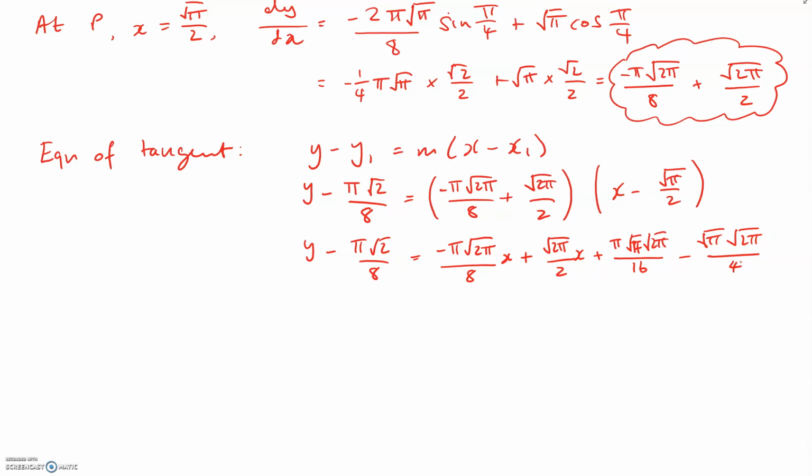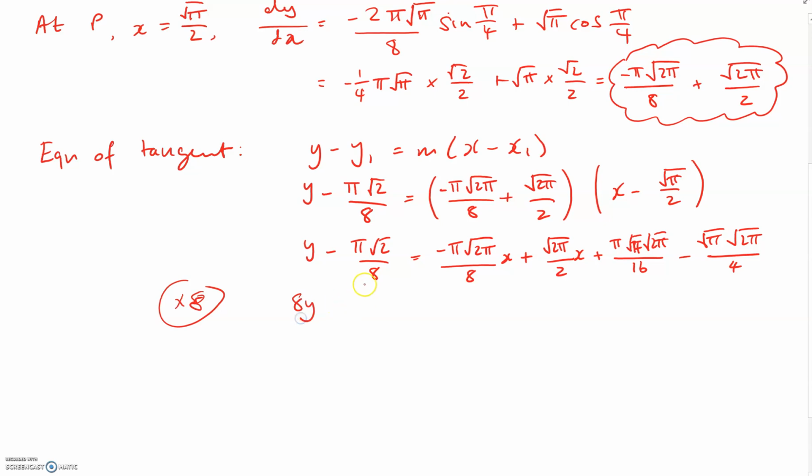Alright, just working through the algebra there, probably the easiest thing to do, since we've got lots of fractions, is multiply through by 8. And the reason why I want to multiply through by 8 as well is because, well, most of these things would actually be a bit neater when we multiply by 8.